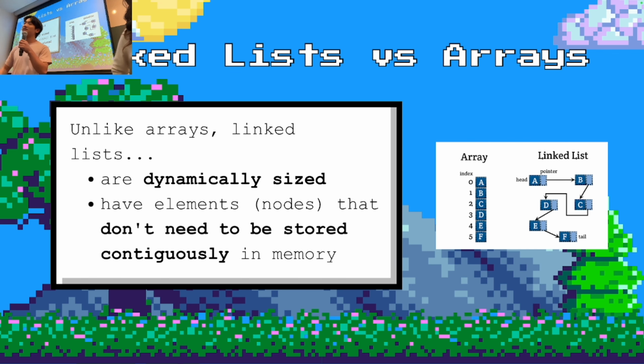You don't have to be at one single element. And so linked lists, they're dynamically sized. So arrays, they're fixed size, whereas linked lists, they can keep going on to like infinity. Well, not infinity, but like the computer's max memory. And the nodes, they don't have to be stored contiguously in memory.